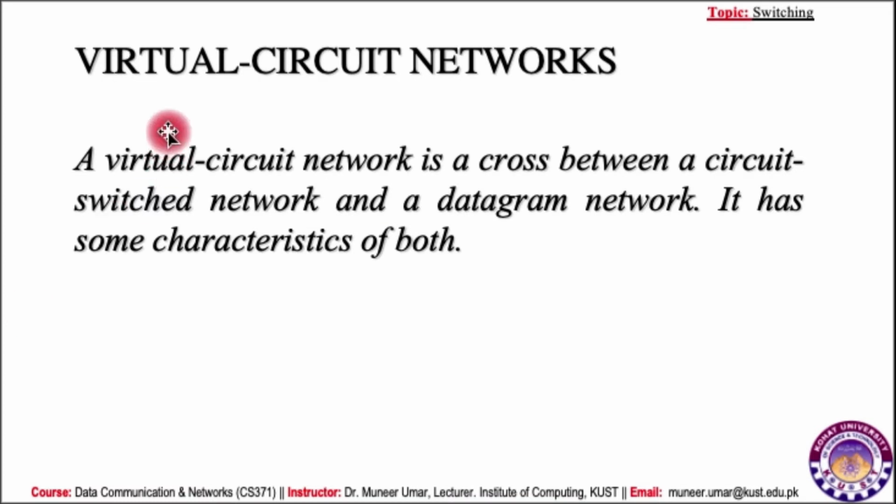Next is virtual circuit networks or virtual circuit switching. A virtual circuit network is a cross between a circuit switch network and a datagram network. It has some characteristics of both. Actually, it is a kind of hybrid of circuit switch networks and packet or datagram switch networks.